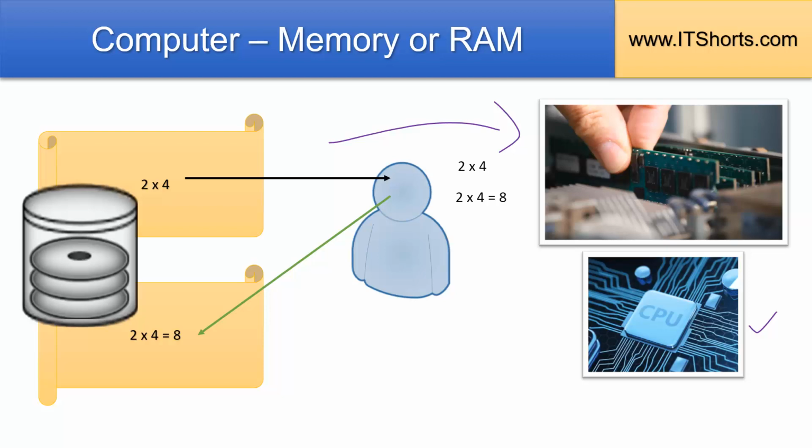The CPU, also known as Central Processing Unit, also known as Microprocessor, is responsible for transferring the program into the memory. And it will keep track of it and execute the program it just transferred.